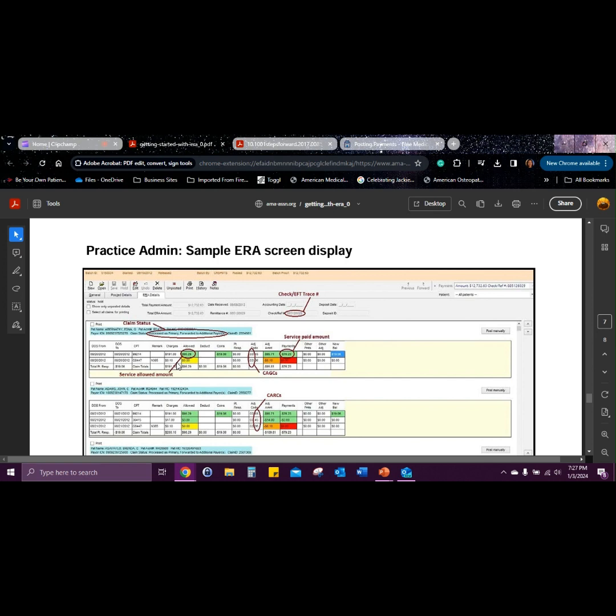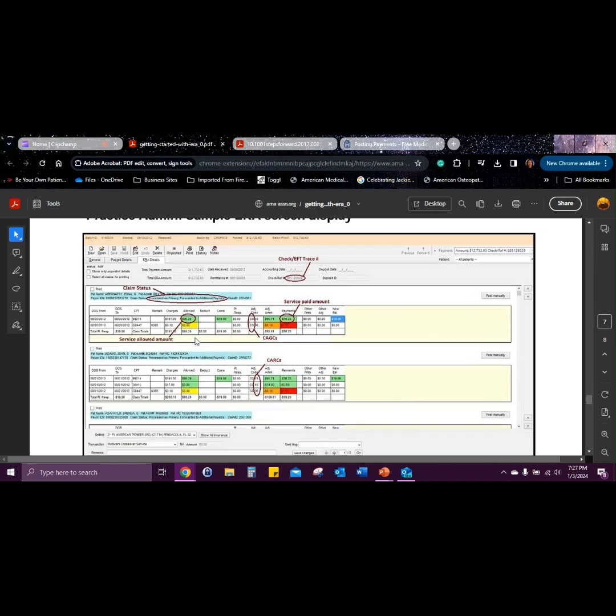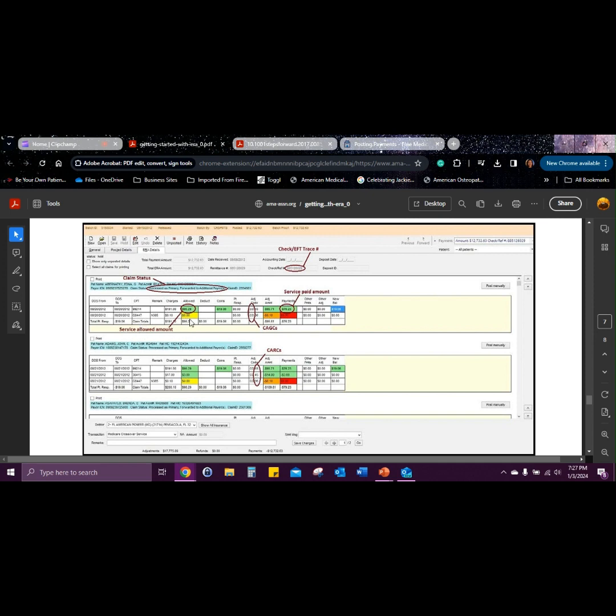So you just have to get used to how yours is going to be. But here you can see that the service allowed amount is in this column. This looks like it has separate columns for deductible, coinsurance, total patient responsibility. It gives the adjustment code, reasons, and the payments.